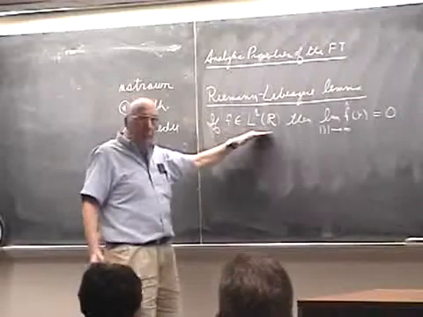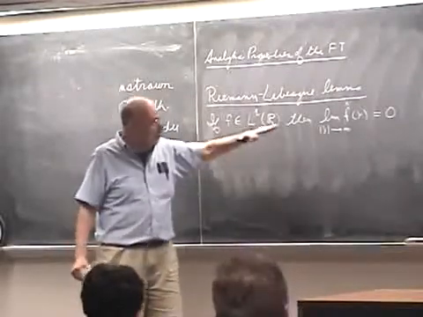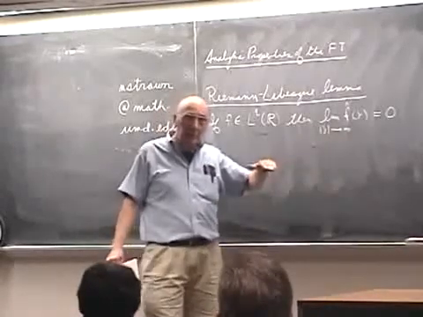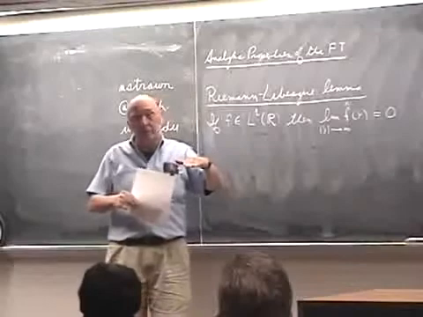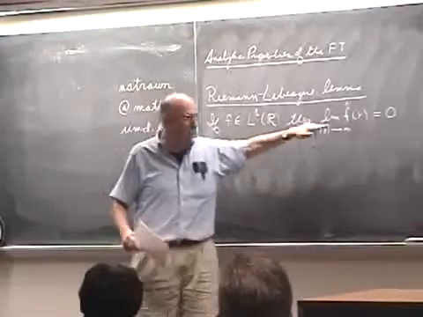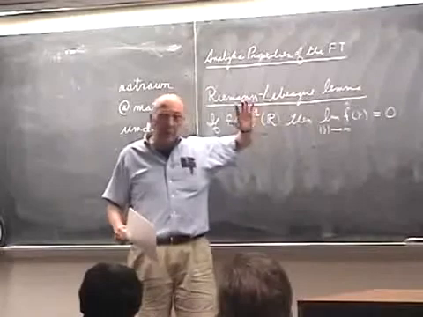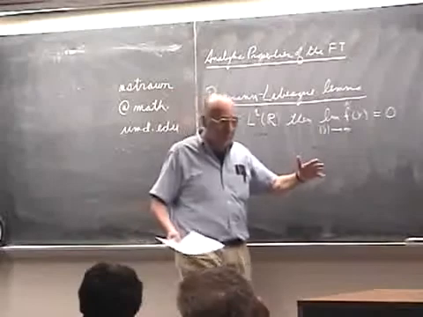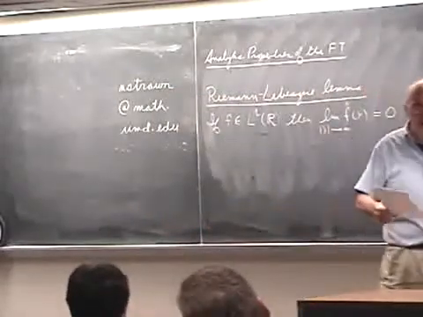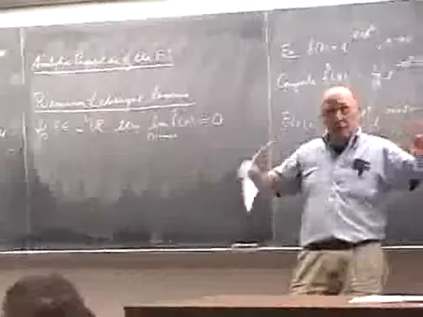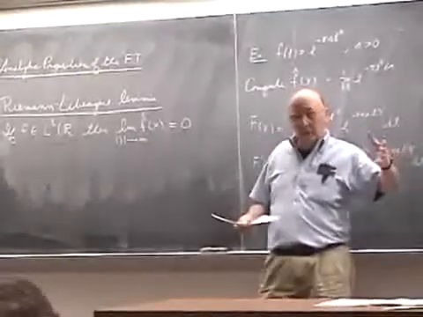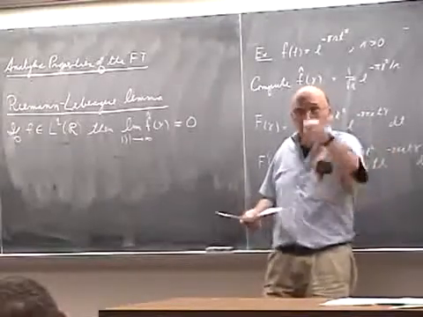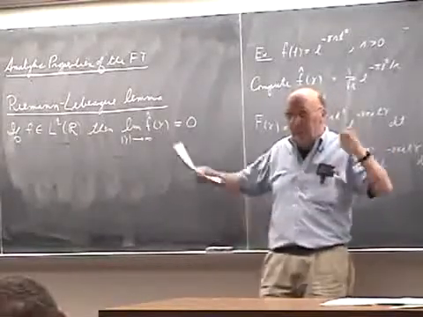If you take an L1 function, this is what Riemann-Lebesgue says. It turns out these Fourier transforms are continuous functions too. If you look at the class of all continuous functions that vanish at plus or minus infinity, one of the questions you can ask is, if someone hands you one of these functions, does it come from an L1 function?